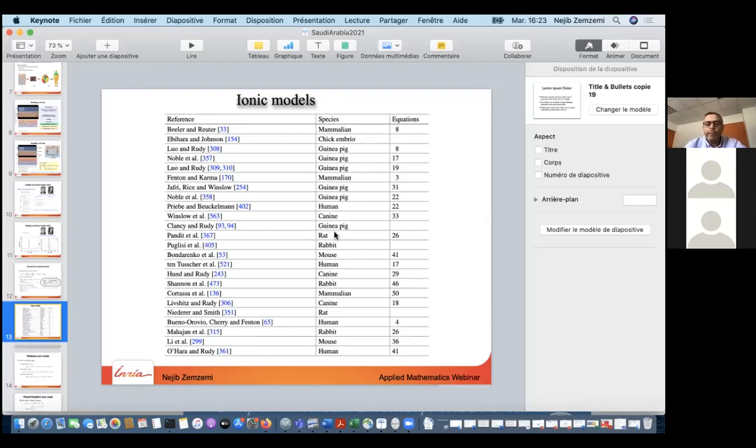There are too many models, and for each model, you can see the number of equations.